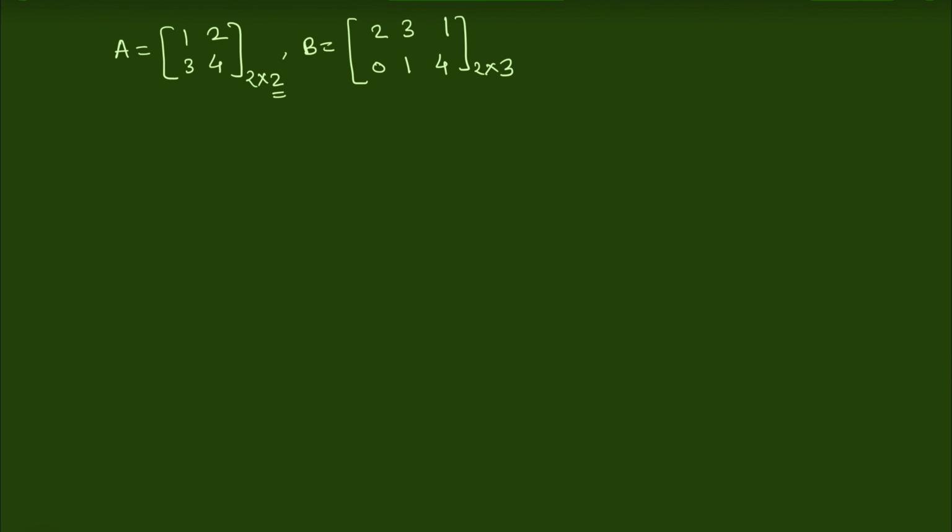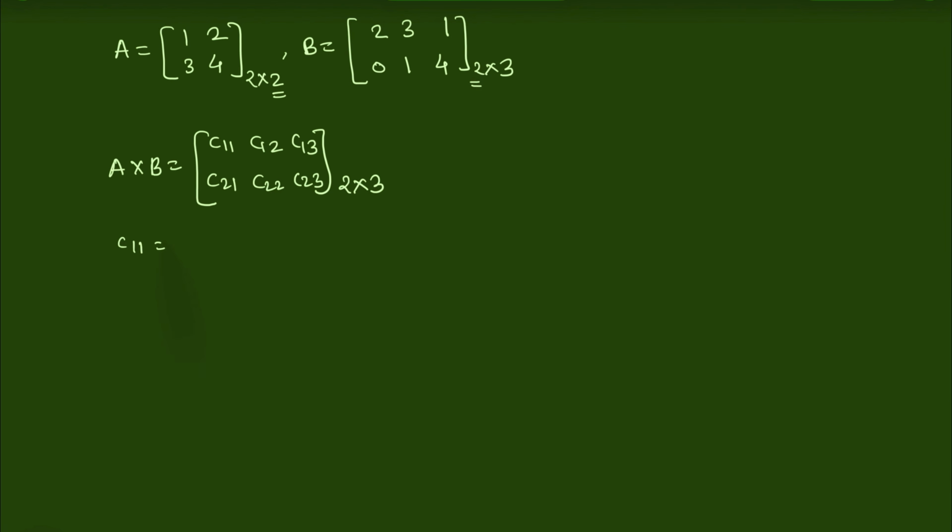The number of columns in A is equal to the number of rows in B. Means A cross B exists and has the order 2 by 3, which is C11, C12, C13, C21, C22, C23. Now let's calculate all these elements one by one.